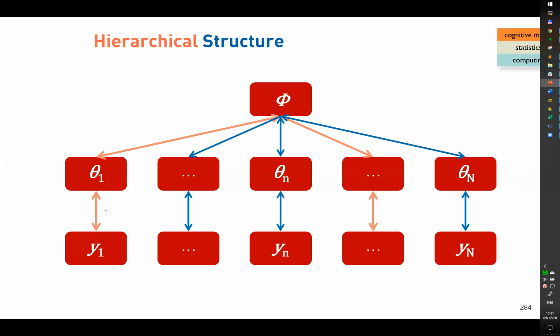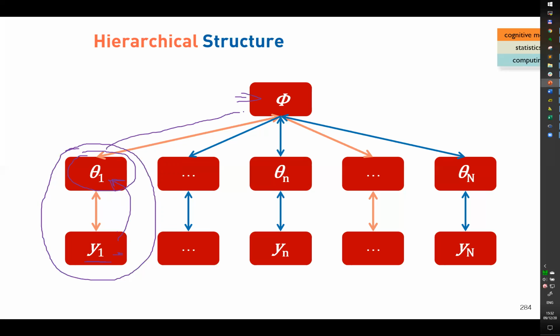So if we are fitting these participants, we will use the data from this person to inform the parameter, right? We fit the model to data, we get the posterior parameter from that person. So this is what we do. Then we have the higher level structure here. So this fitted information from this data will then be transmitted to the top level.